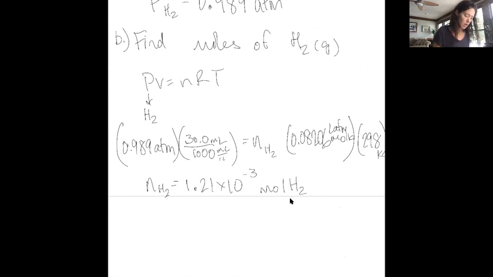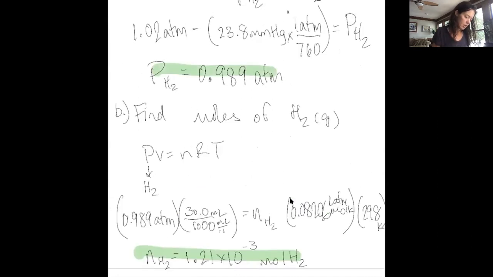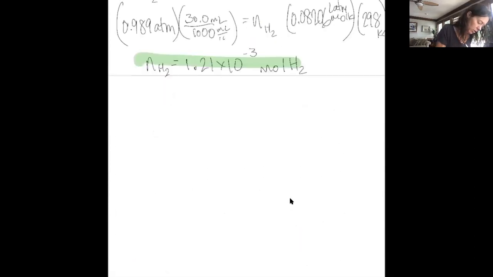Okay, all right, so we've got that. Why did I get moles of hydrogen gas? Because the question asked for the mass of zinc, which is, to me, a perfectly good stoichiometry problem.